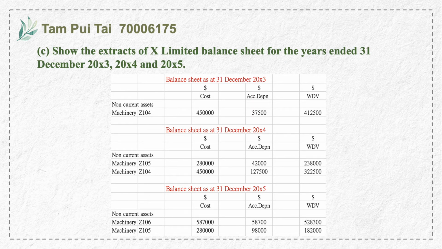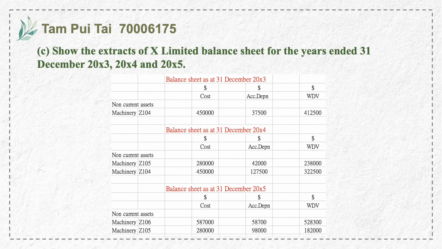Question C. Show the extract of X Limited balance sheets for the years ended 31 December 2000 X3, 2000 X4, and 2000 X5. We already know all the machine depreciation in question B, so we just need to use the cost minus depreciation to get the WDV here. But I just want to remind you of the two special machinery depreciations here.